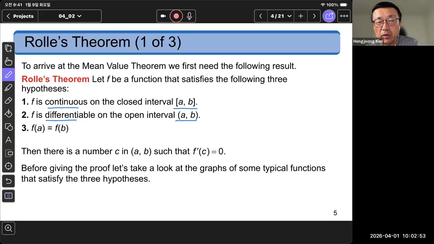So we just restrict the domain for differentiability.